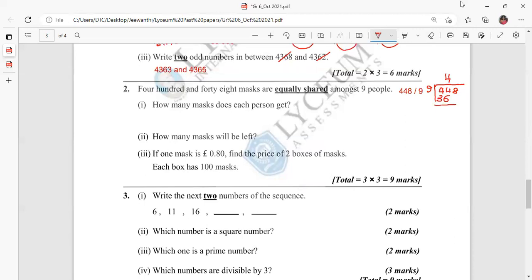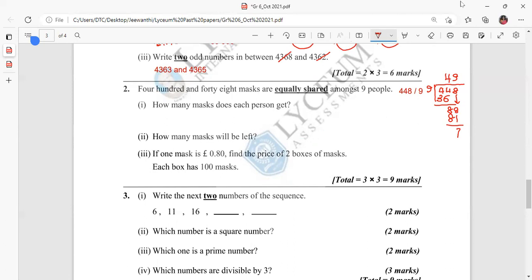Then you have 8 remainder. So then you take this 8. For 88, how many 9s you have? This is all about the long division. You just think that 88, you divide by 9, it is again 9. 9 times 9, 81, and 7 is remainder.